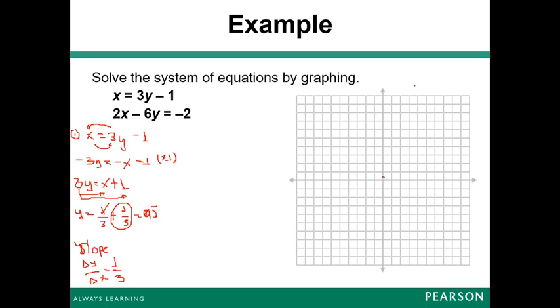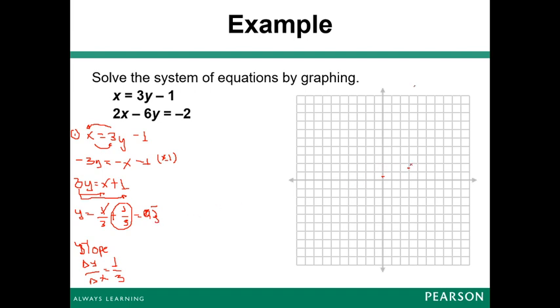So let's begin. Look, from the point 0, 1/3, move: remember, rise and run. Rise 1 and run 3. You can find the second point here. Remember, this first point is the intercept with the y-axis.